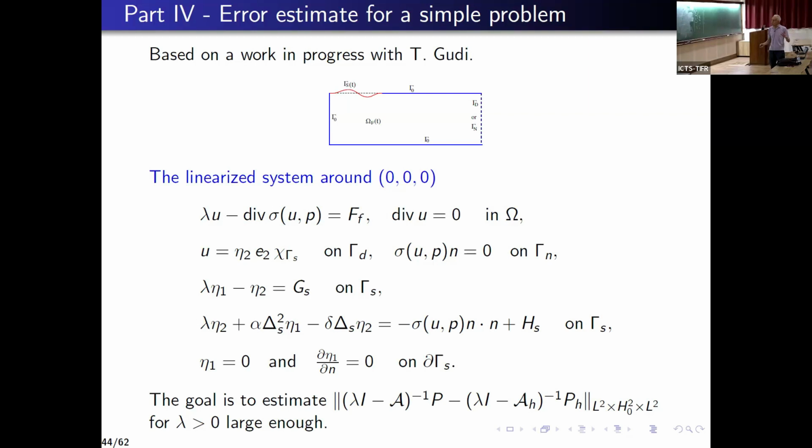I have to solve the stationary solution for some lambda. So I choose lambda large enough to have this operator invertible, and I would like to estimate the difference between the solution to this equation for a given right-hand side, which is given here, here, and here, and the associated problem when I make a discretization by finite element method.